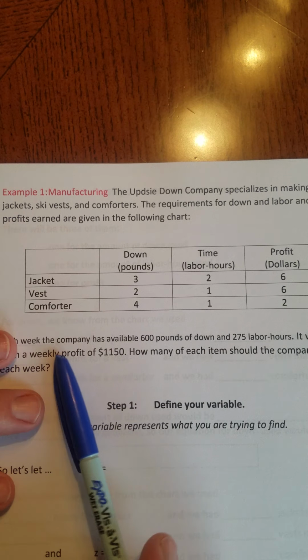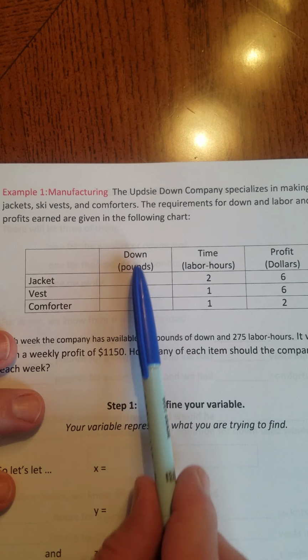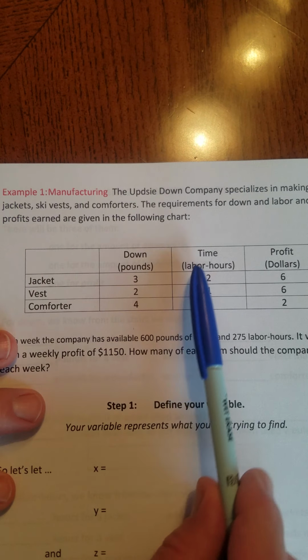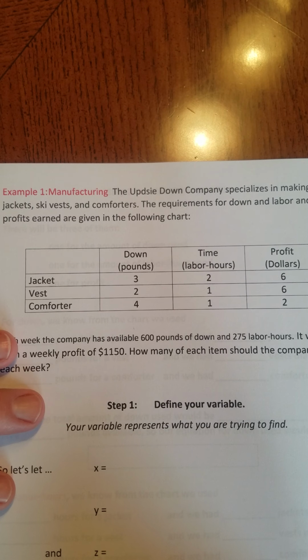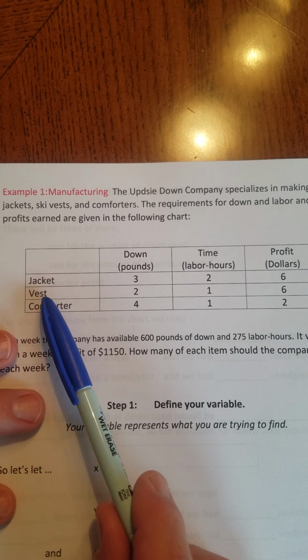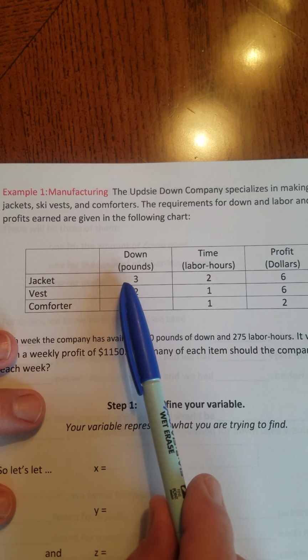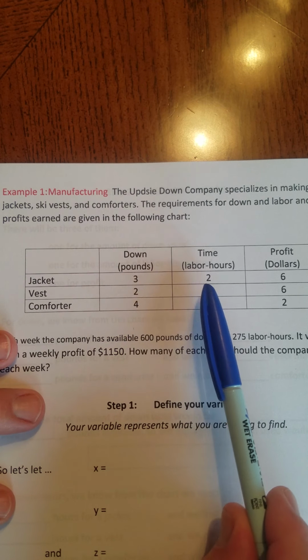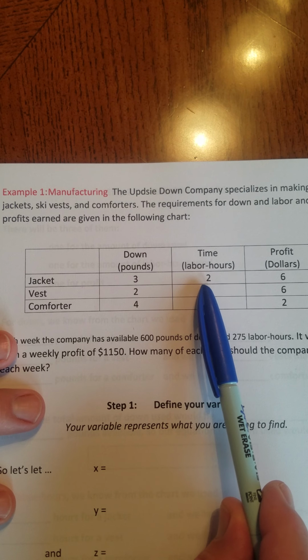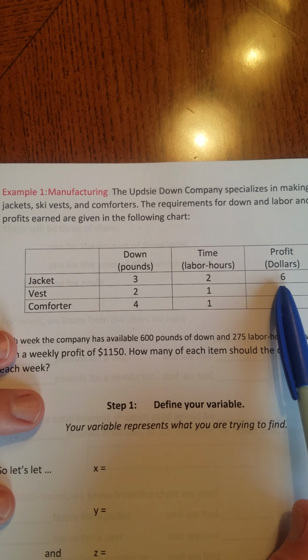Okay, so let's look at the chart. This column is down, that's measured in pounds. Time, those are in labor hours, or just hours. And then the profit, in dollars. So if you had a jacket, you would need 3 pounds of the down, and then you need 2 hours to put it together, but you'd make $6 profit.